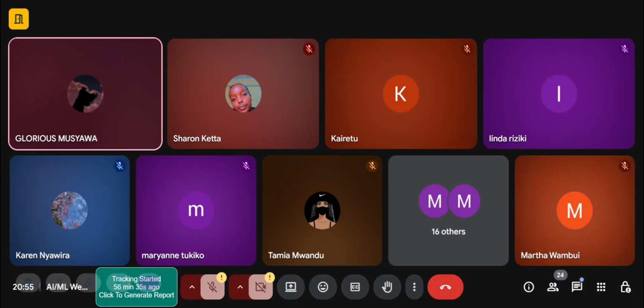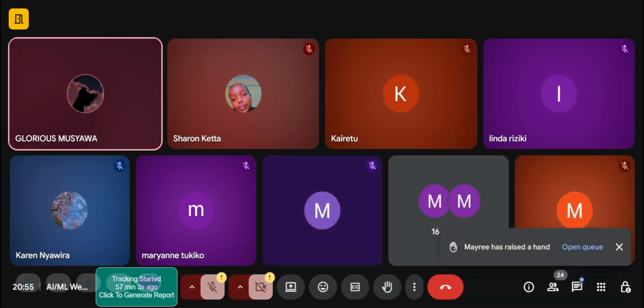Group two: Karen, Linda, Imani, and Mary Ann. I'm suggesting you create a small Google Meet link and have a discussion. Use Google Colab because it's the easiest to use.